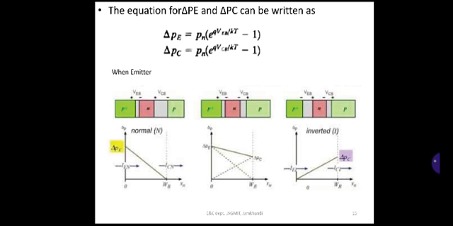If you look at the hole concentration, observe the graph. The excess hole concentration across the base, that is delta PE, is at the edge of the emitter depletion region, and at WB the concentration goes to 0.